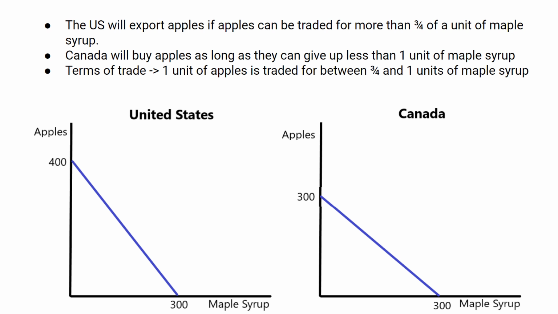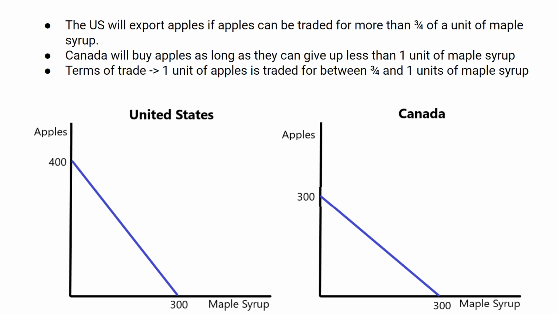So what that tells us is that the possible terms of trade between the U.S. and Canada are that 1 unit of apples must be traded for more than 3/4 of a unit of maple syrup for the U.S. to be willing to export it, but less than 1 unit of maple syrup for Canada to be willing to import it. And any trading ratio that's strictly between 3/4 and 1 units of maple syrup for a unit of apples would benefit both the U.S. and Canada.